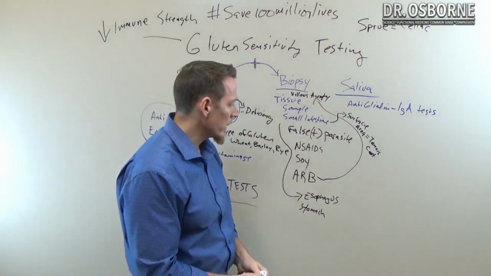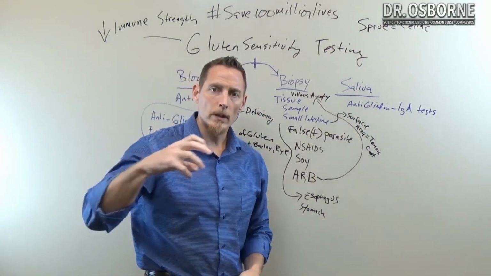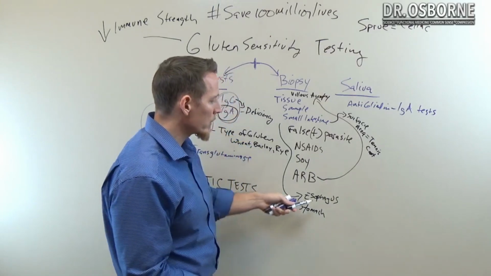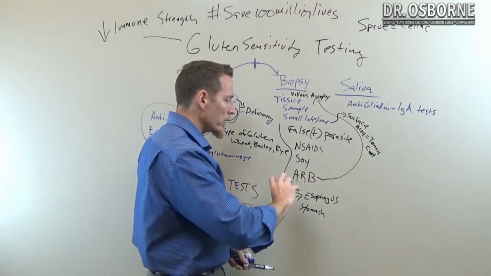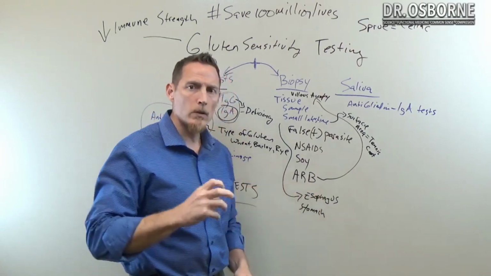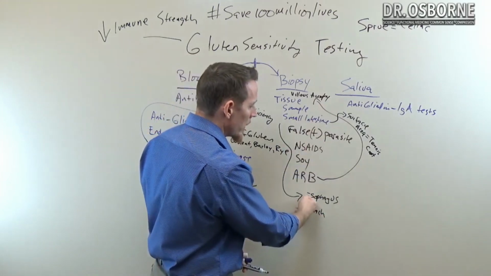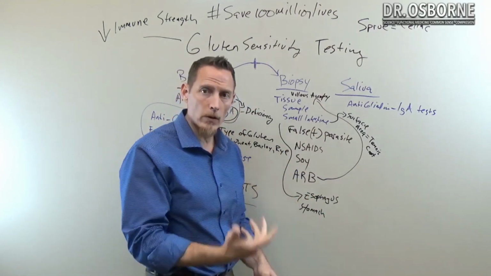In the esophagus, there are a number of studies that link eosinophil infiltration. Eosinophil is a specific type of white blood cell, and in eosinophilic esophagitis, the eosinophils creep into your esophagus, and the doctor will see that doing the scope. That can be an indicator of gluten sensitivity. It can be an indicator of other things as well.